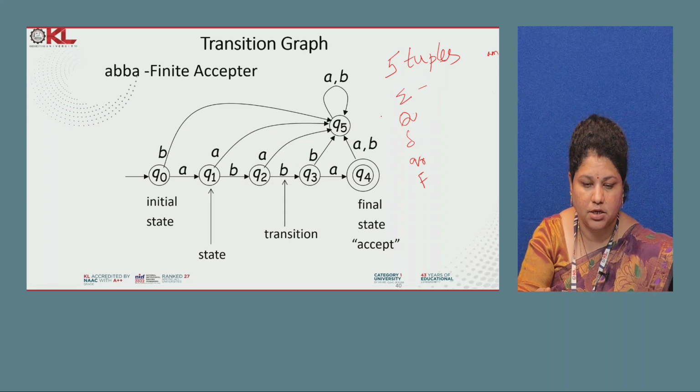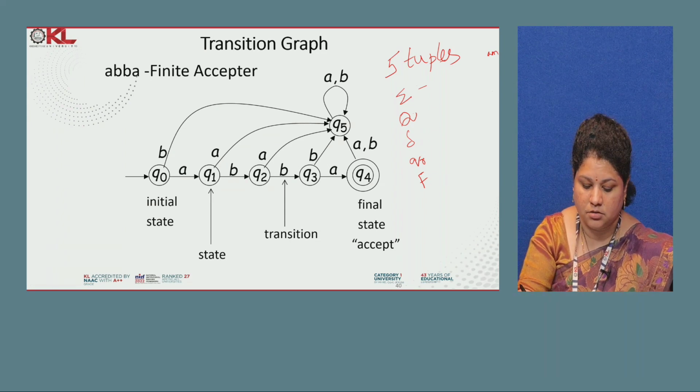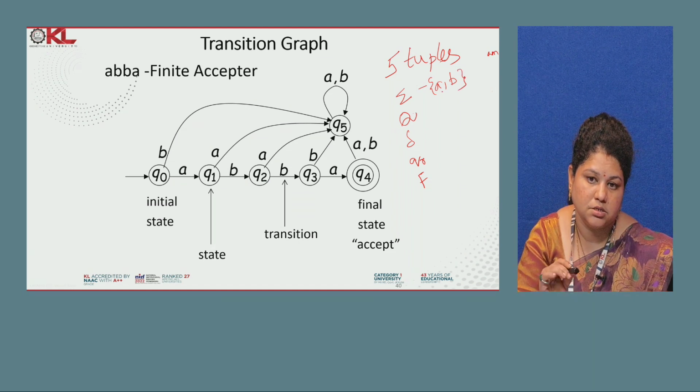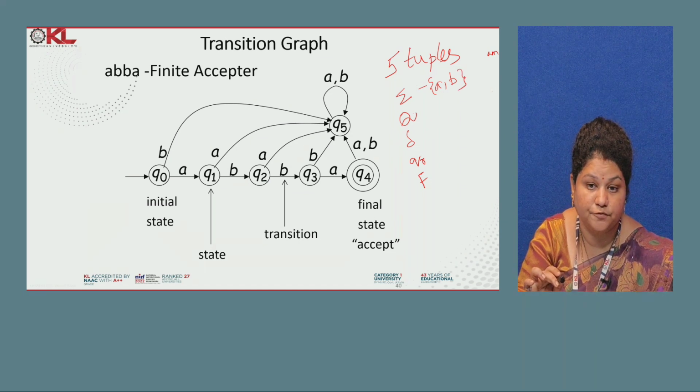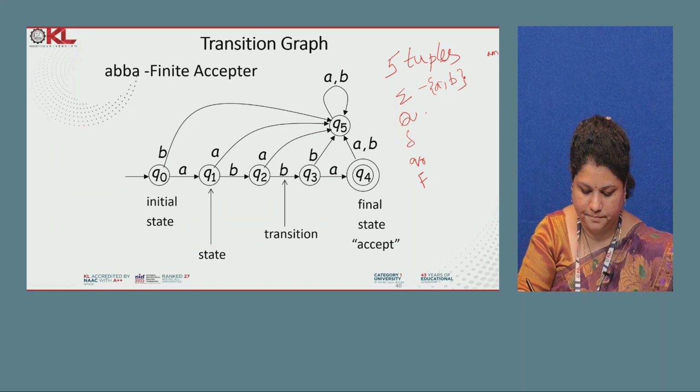So here in this diagram we are taking A and B symbols. A and B symbols are the inputs. These input symbols are represented with sigma.